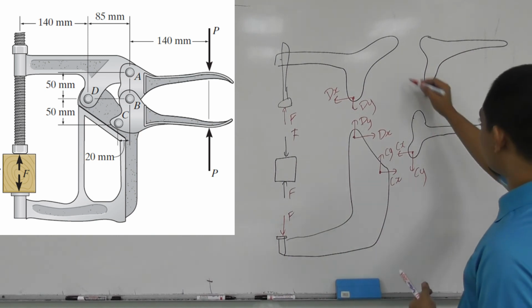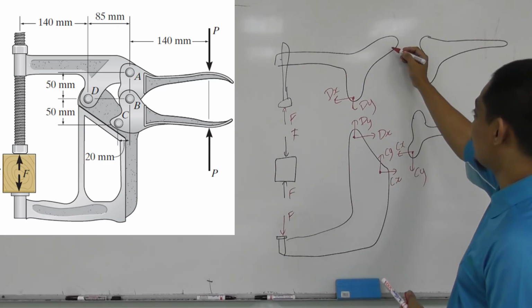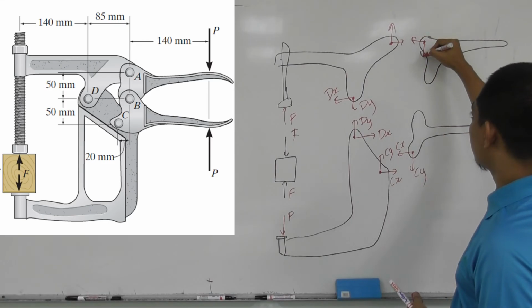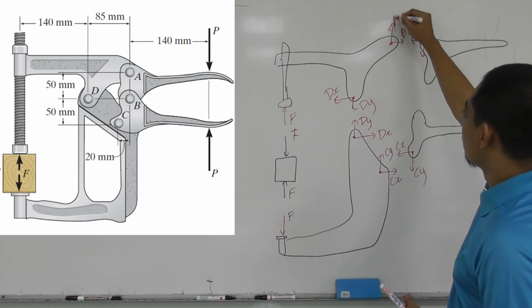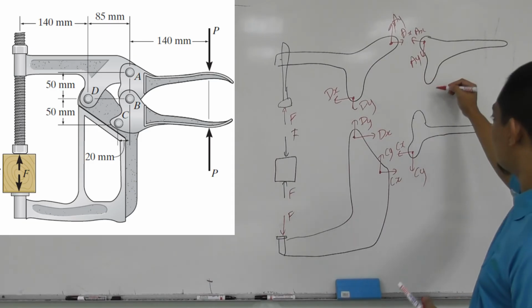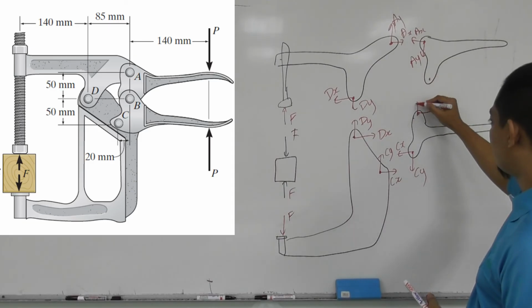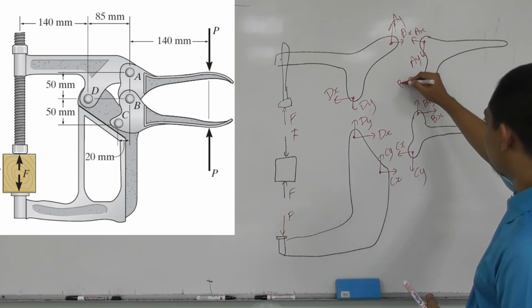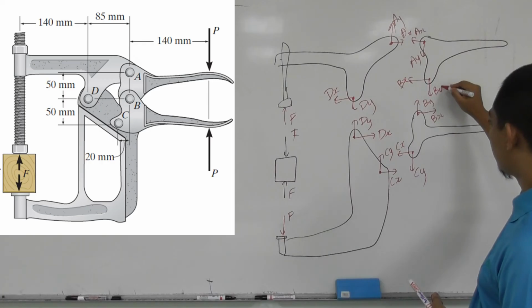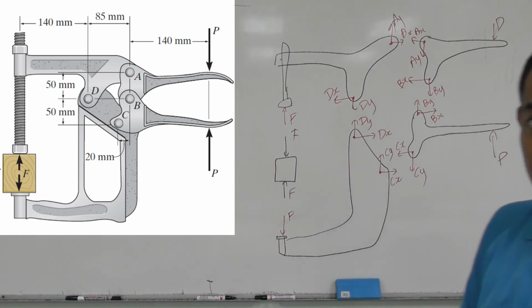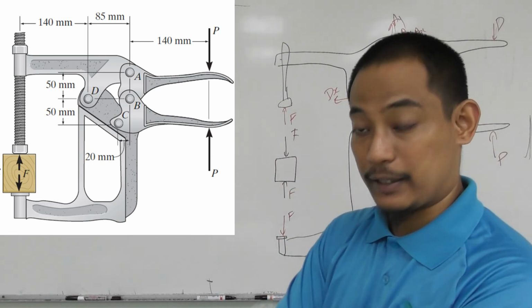And at point A, if this is Ax, Ay, then it's Ax, Ay, like that. And then there's point B here. If it is Bx, By, so you have Bx, By. And of course, here you have P and V. So basically, that's the free body diagram.